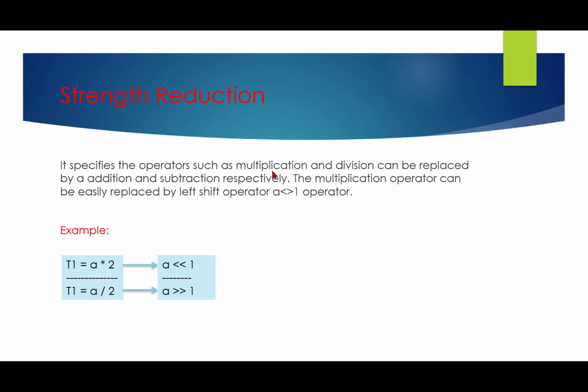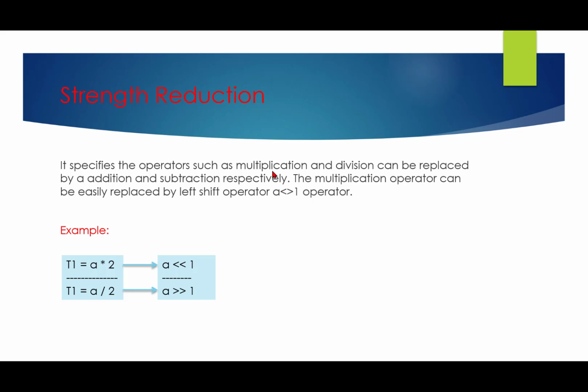Strength reduction. Operations such as multiplication and division can be replaced by addition and subtraction. Specifically, the multiplication operator can be easily replaced by the left shift operator, and the division operator by the right shift operator.